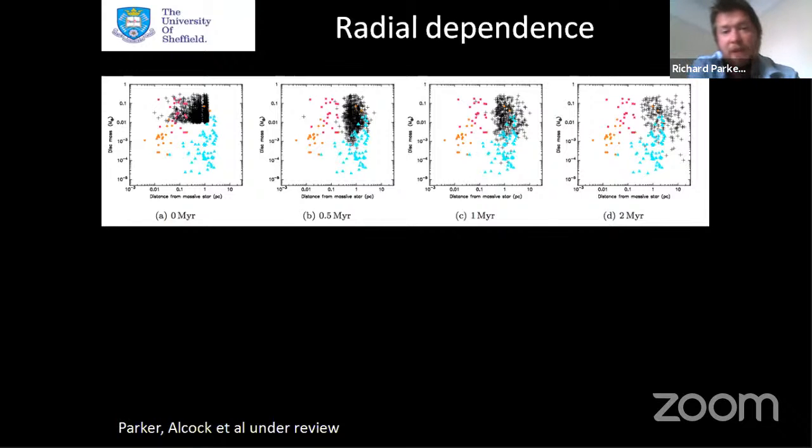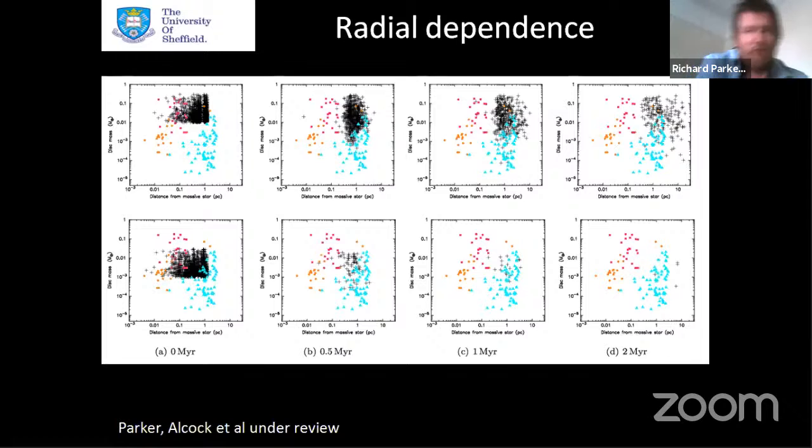One thing you get with 2D projection effects is that things appear closer to the ionizing star than they actually are. But we see that there's no correlation between the mass of the disk and the distance from the massive star in the disks that are remaining in our n-body simulations.